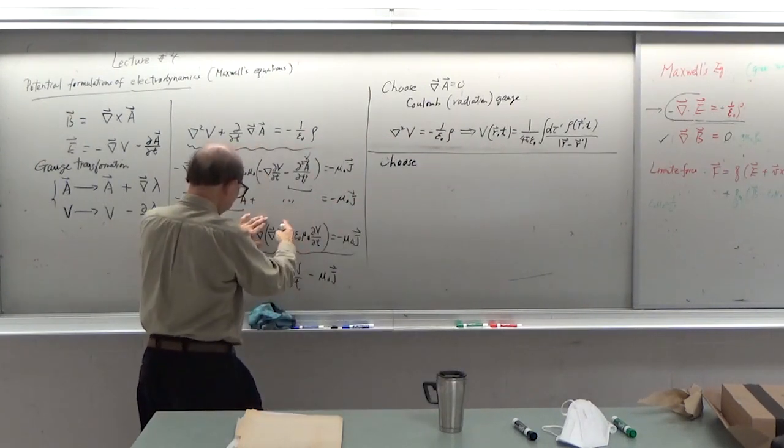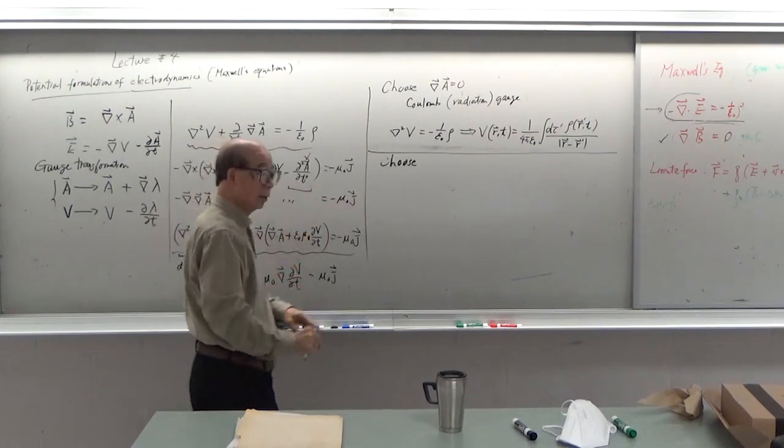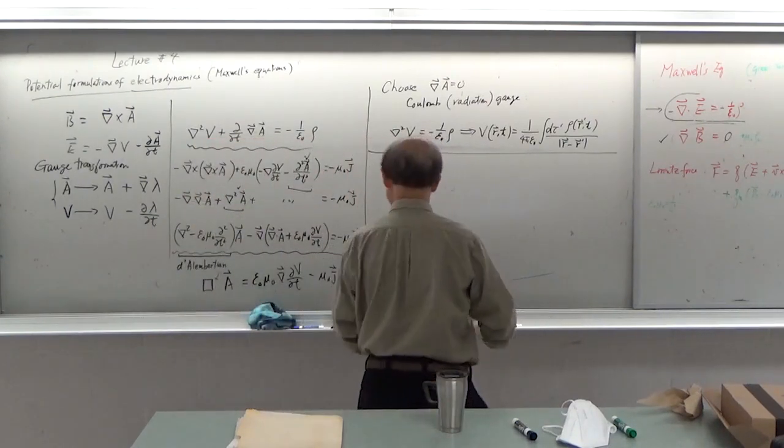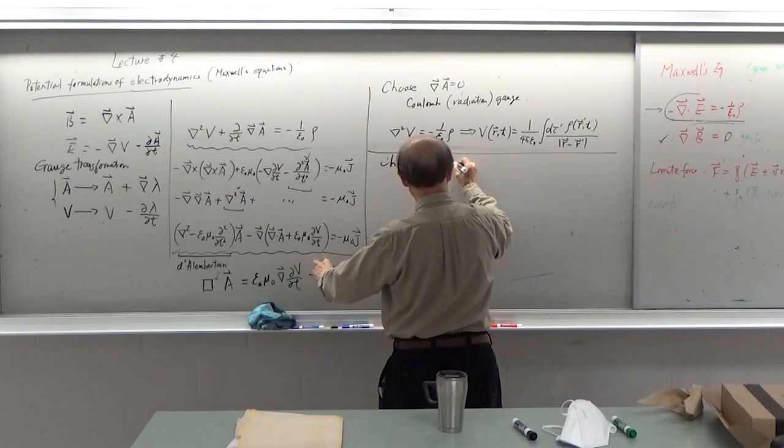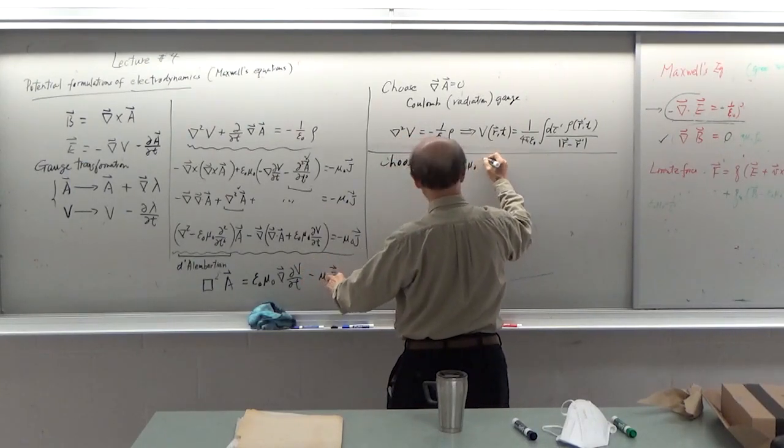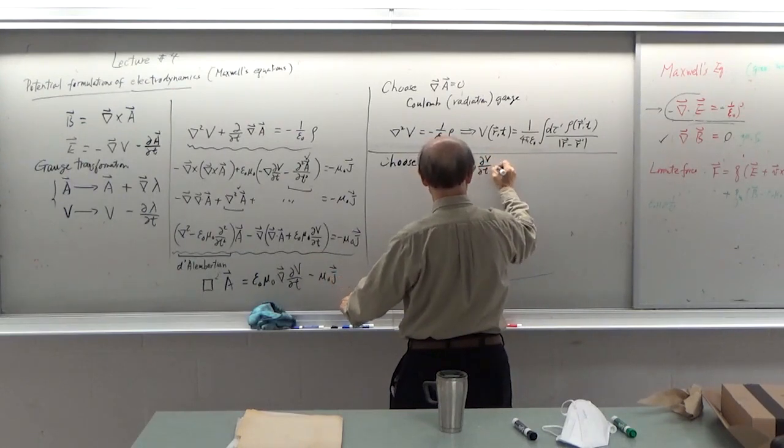I'm going to choose this combination of A and V to be 0: divergence of A plus epsilon naught mu naught del V by del T.